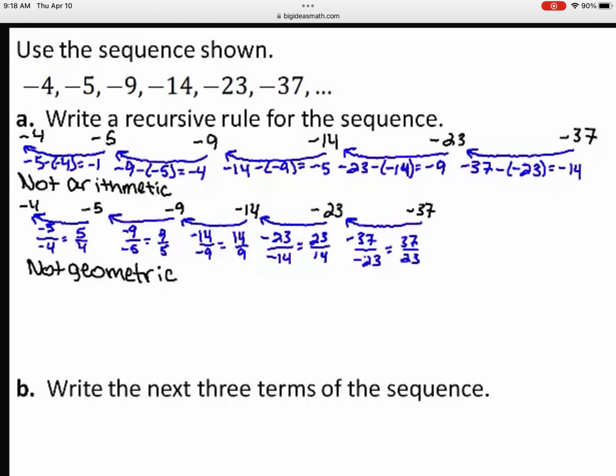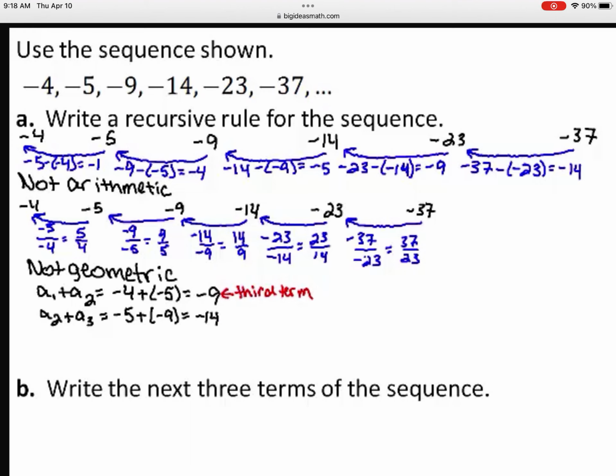Now you want to look for a pattern in the sums of consecutive terms. So find the sum of each pair of consecutive terms. A sub 1 plus a sub 2 equals negative 4 plus negative 5, which equals negative 9, which is the third term. A sub 2 plus a sub 3 equals negative 5 plus negative 9, which equals negative 14, which is the fourth term.